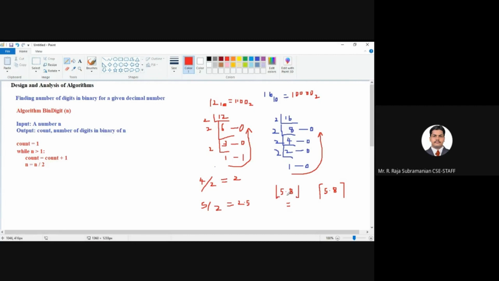What is the integer very close to 5.8 below it? That is 5. And what is the nearest larger integer to 5.8? 6. So this is nothing but ceil. This is called the ceil operation, and this is actually the floor operation.